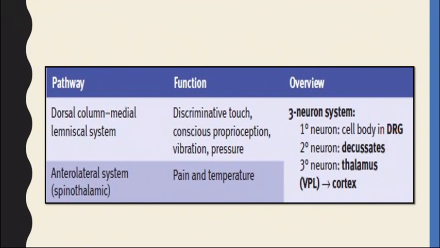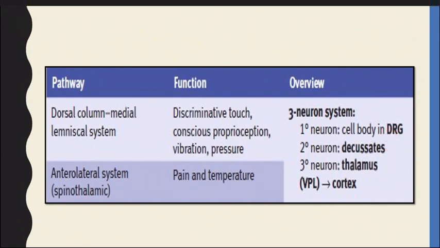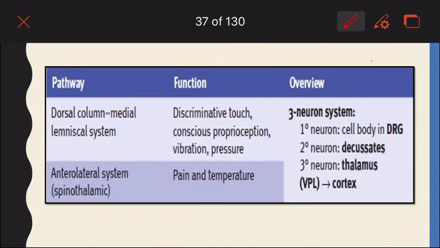If we draw the diagram, say this is the dorsal root ganglia cell body, and it has two branches. This is the peripheral one which goes to the receptor, and this is the central one which goes into the spinal cord. So, this is the primary neuron, whether we are talking about the dorsal column or anterolateral column.